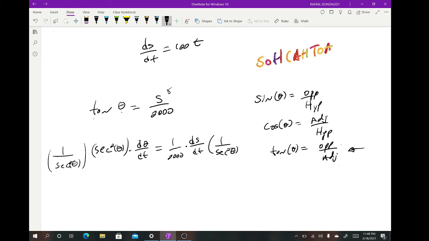It's the same thing as dividing by secant squared theta. So now we have some cancellation. This cancels with this. So we get d theta dt is equal to 1 over 2,000 times ds dt times 1 over secant squared theta.